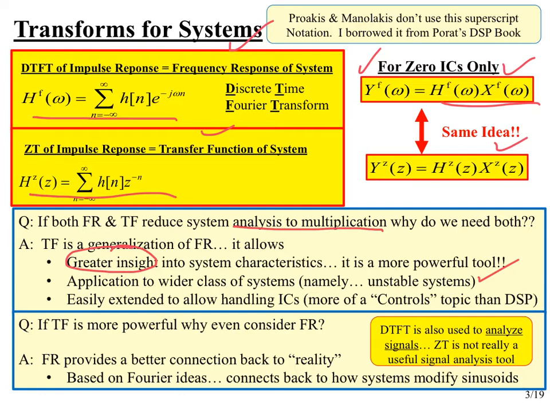Well, in some situations, when we're trying to design a system, we may not know which design parameter settings will lead to stable and unstable. So we need a tool that will essentially not have the method break down if we happen to stray into an unstable setting during the design process.